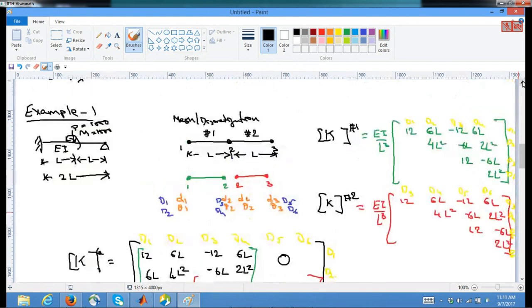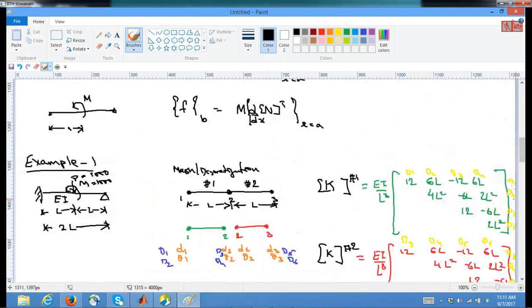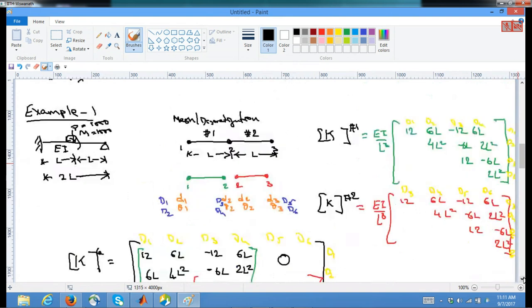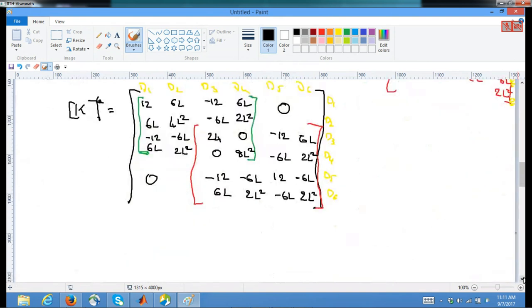The other elements are all zeros. When I wrote a big matrix, they're present in here. So this was 0, this was 0, this was 0, this was 0, this was 0.